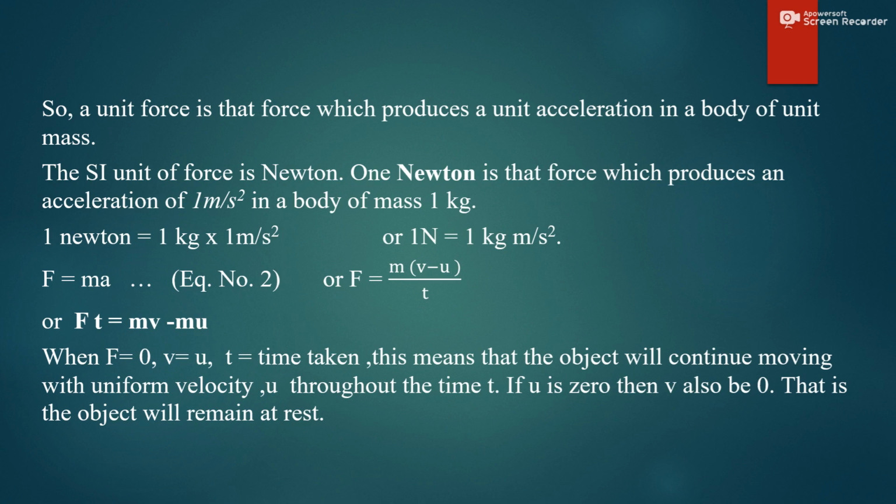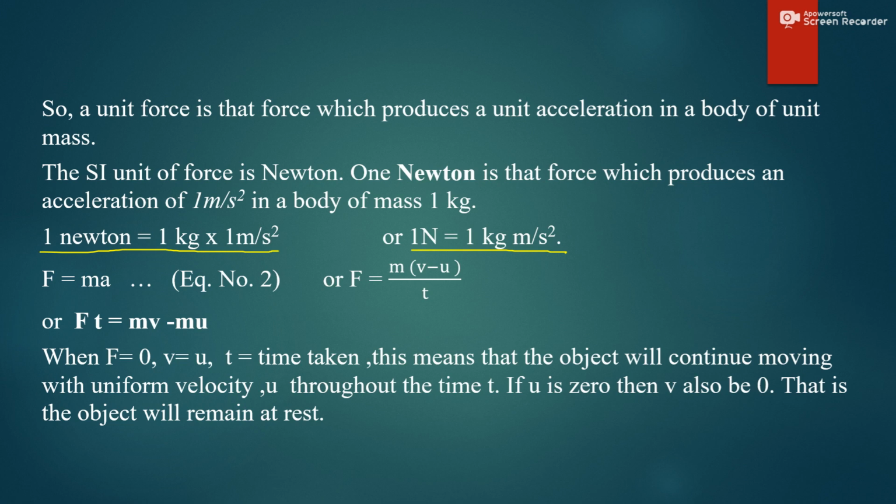As we know, the unit of force is Newton, and 1 Newton is that force which produces an acceleration of 1 meter per second square in a body of mass 1 kg. 1 Newton is equal to 1 kg multiplied by 1 meter per second square, or 1 Newton is equal to 1 kg meter per second square.